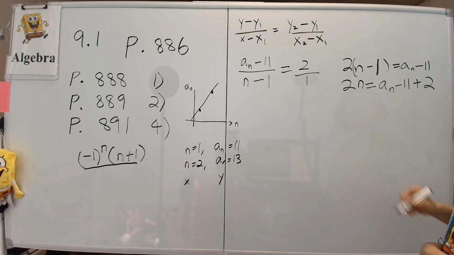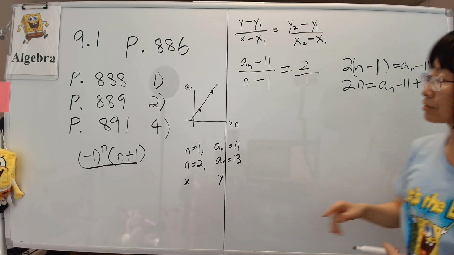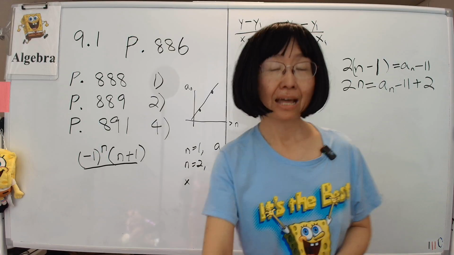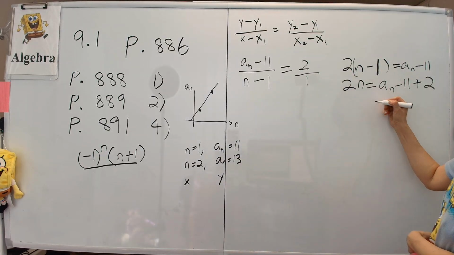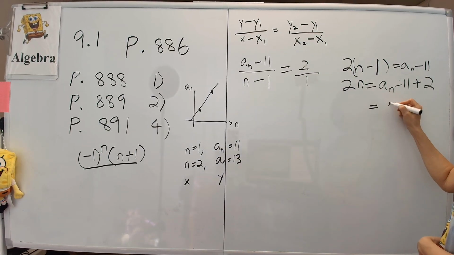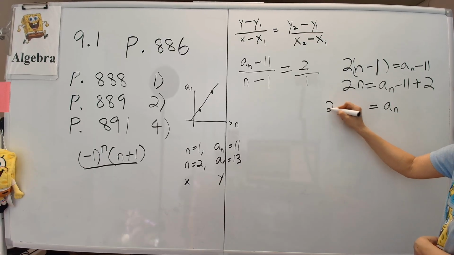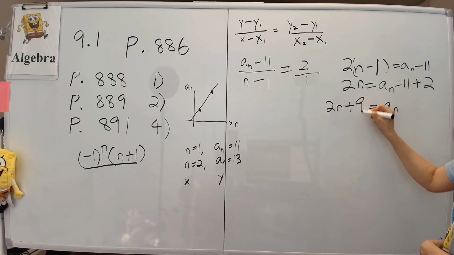So an is equal to 2n plus 9. And that is the formula.